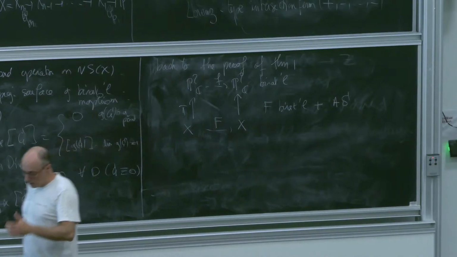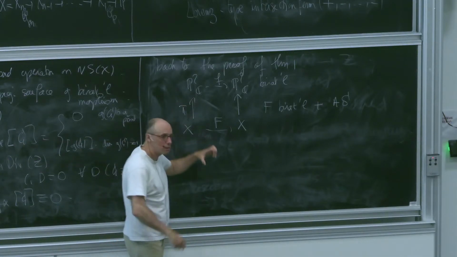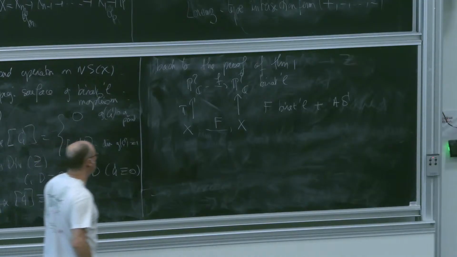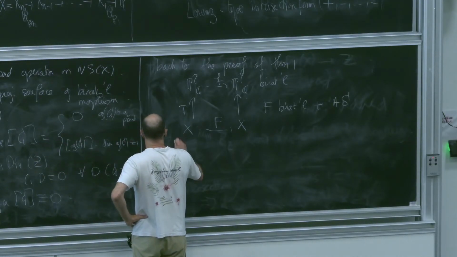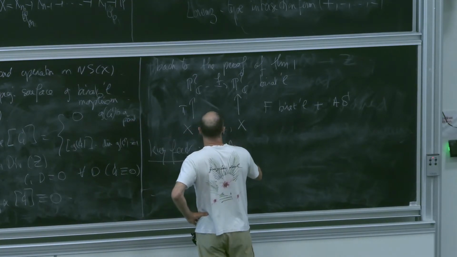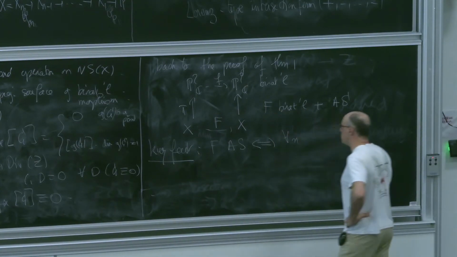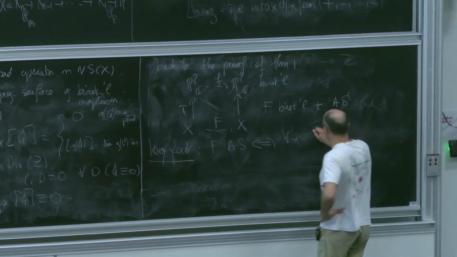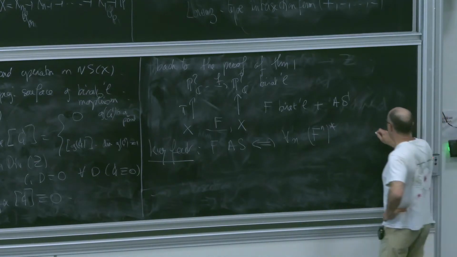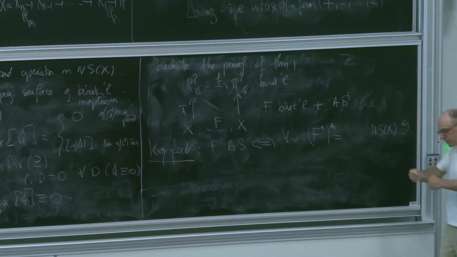Being algebraically stable means that the degree of F^n is the degree of F to the n, and the key fact here is that F being algebraically stable is equivalent to saying that for any integer n, when you look at the action by pullback of F^n on the Néron-Severi space of X, you have compatibility with iteration.